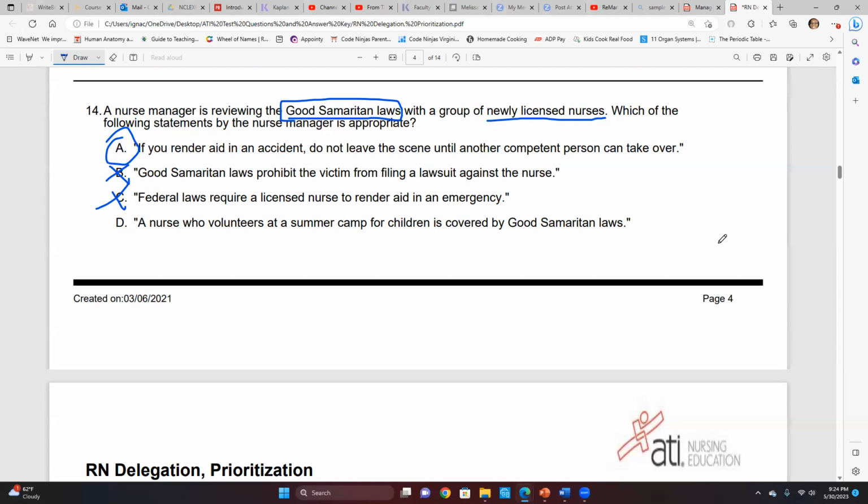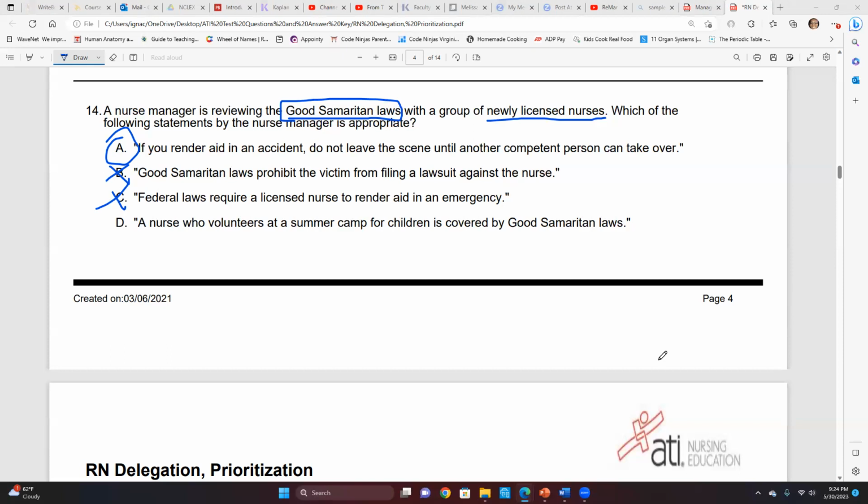Now the thing is, if you see someone on the side of the road or at the mall or the supermarket and you start rendering aid, you cannot leave that person because now you have established a nurse-patient relationship. So you can't leave until somebody else arrives, like the paramedics or EMS, or until you are physically exhausted and can no longer continue.